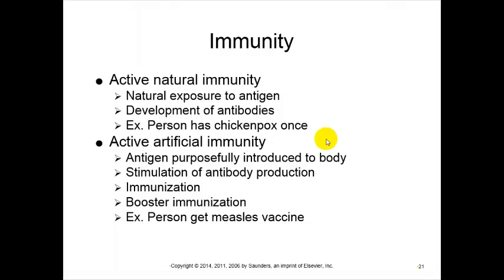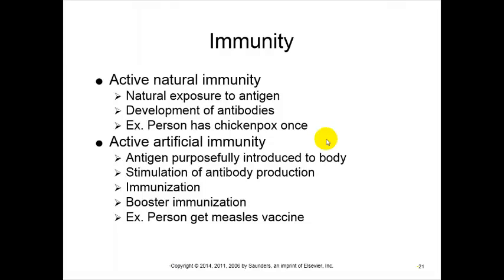Your body goes, you get sick, you produce the antibodies, and some of those cells go on to become those memory cells. So now you have an active natural immunity to chickenpox. You're only going to get it one time. That's natural and it's active. So you actually go through the process of getting the disease and you develop that immunity.